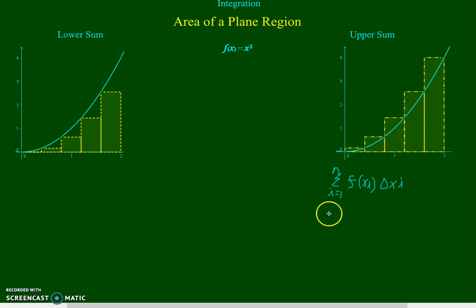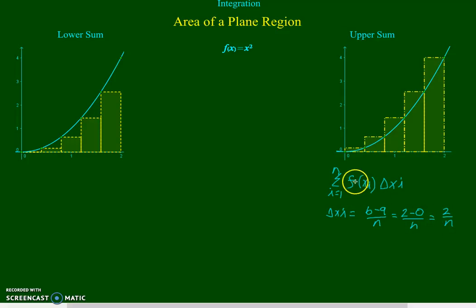So delta x sub i is b minus a over n, the upper limit minus the lower limit over n, which is 2 minus 0 over n, which is 2 over n. So that's our delta x sub i.